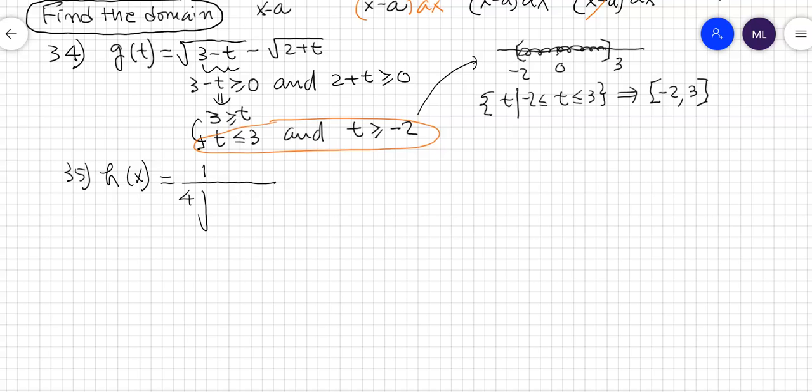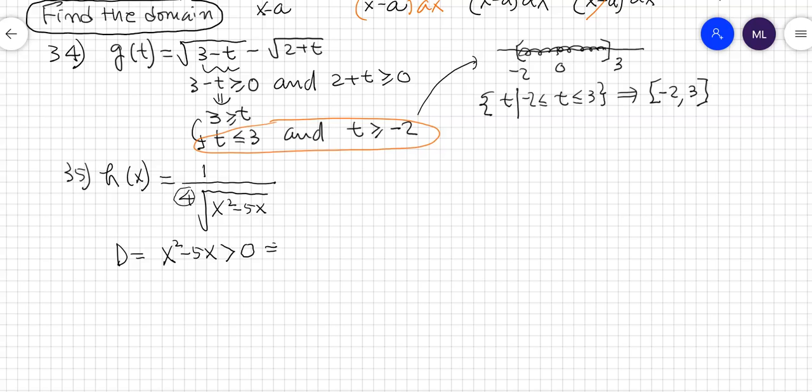So fourth root of x squared minus 5x. So this is an even root, and that's in the denominator. So the domain has to be x squared minus 5x strictly greater than 0. It cannot be 0, then it makes the denominator 0.